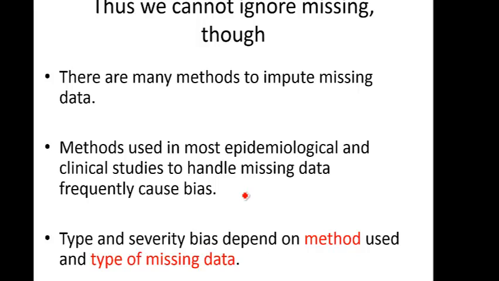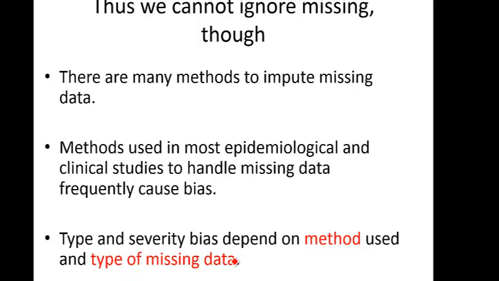So even with imputation, with some of the methods, it can still cause bias. And the severity of bias depends on the method you use to impute data, and also the type of missing data. So for the rest of today's lecture, I will talk about what types of methods are being used or should be used for what type of missing data.